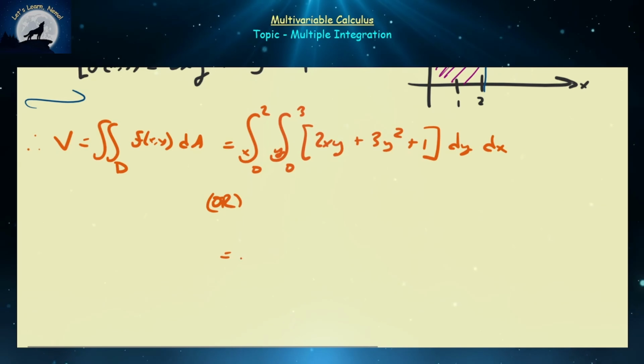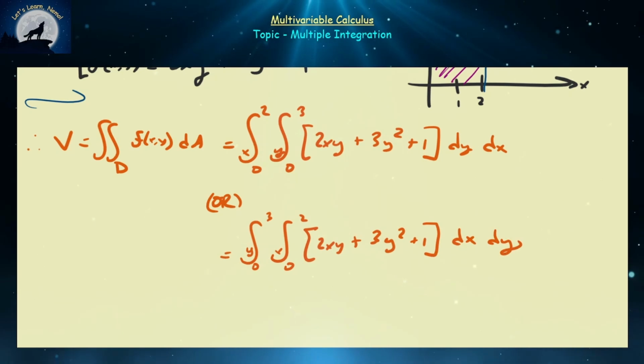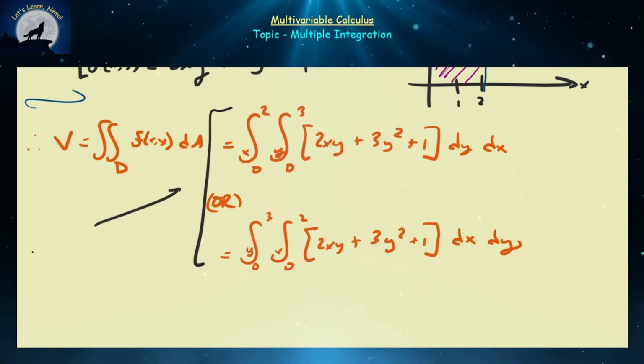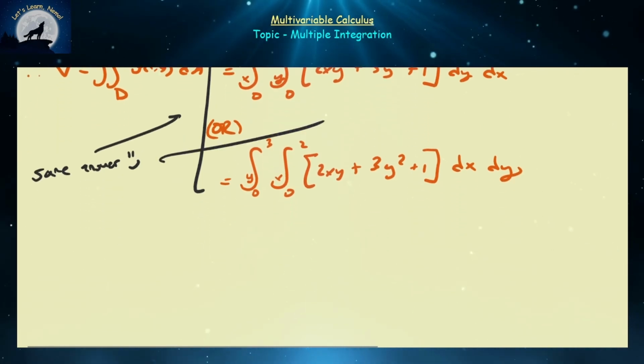Or you could say that this is the integral from 0 to 3 for y, and then the integral from 0 to 2 for x of 2xy plus 3y squared plus 1 dx dy. You should be able to see that these both will give you the same answer. I'll do one of them for you, and I leave the other one as an exercise for you, right? But I'm going to do this second one.